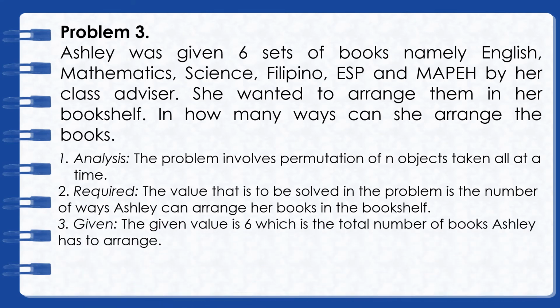Given: 6, which is the total number of books Ashley has to arrange. And the formula that we are going to use is permutation of n taken r is equal to n factorial over the difference of n and r factorial.